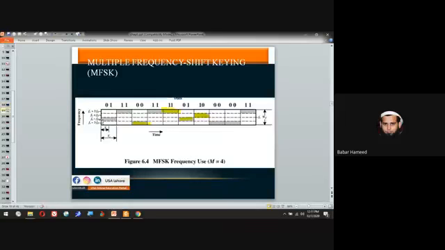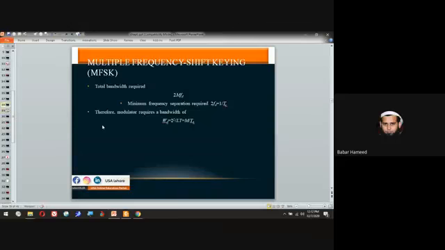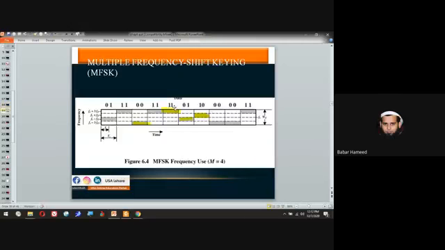Look at it. One is carrier plus FD, the other one is carrier plus 3 FD, and the third one is carrier minus FD and carrier minus 3 FD. Got it? So 2M FD is total bandwidth required for our MFSK.